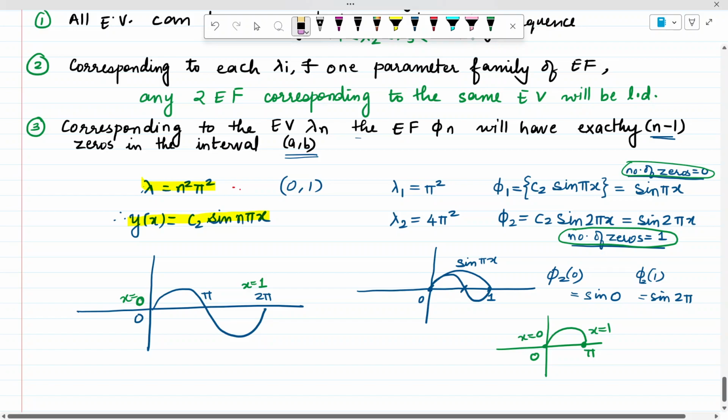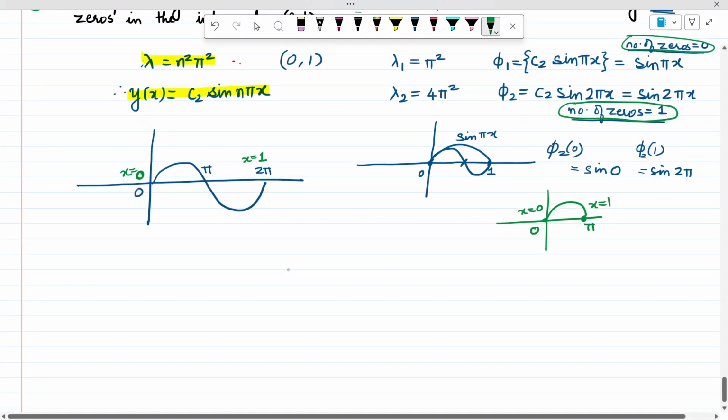समझ में आ रहा है? Okay, everyone is clear. So this is property number 1, 2 and 3. और दो properties हैं, उसमें से एक तो हमने already देख ली है.